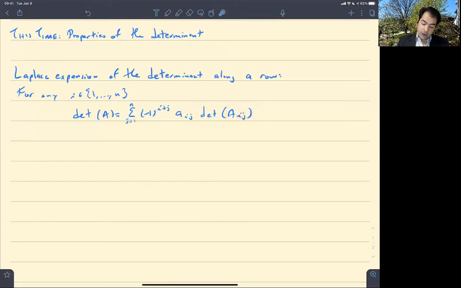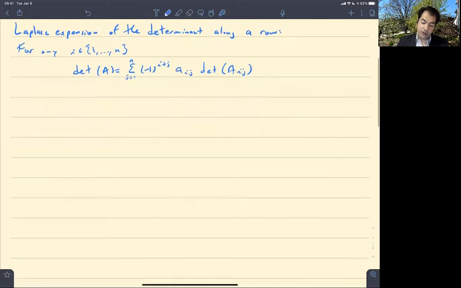Last time, we fixed an i, and then we showed that this function satisfied all of the properties of the determinant function. Since there is only one determinant function, it doesn't matter which i you choose, you get the same number, and that number is the determinant of A. So this is one way we have of computing the determinant.